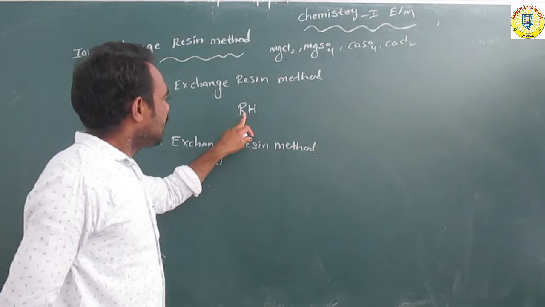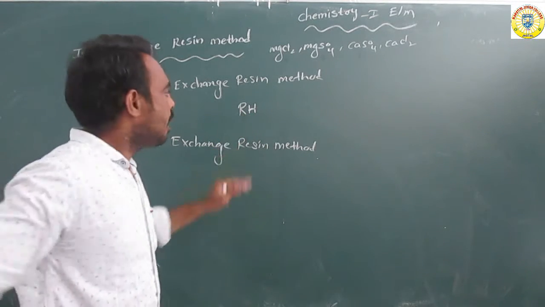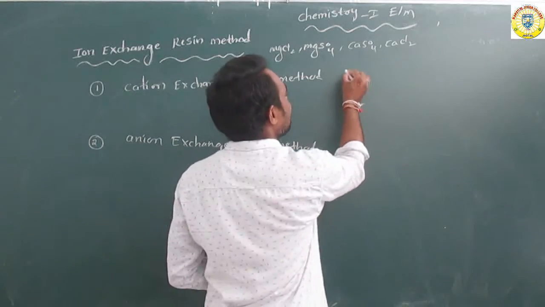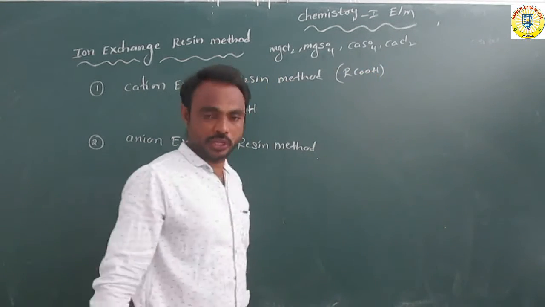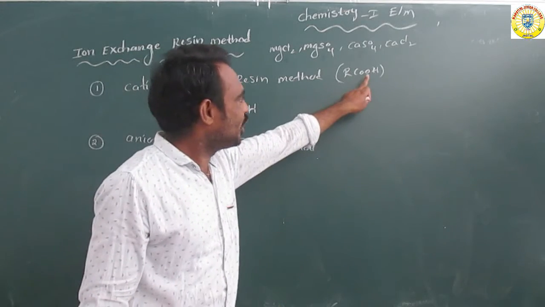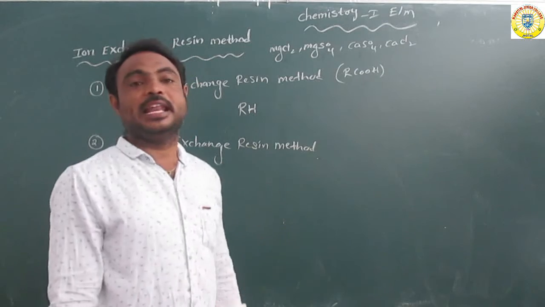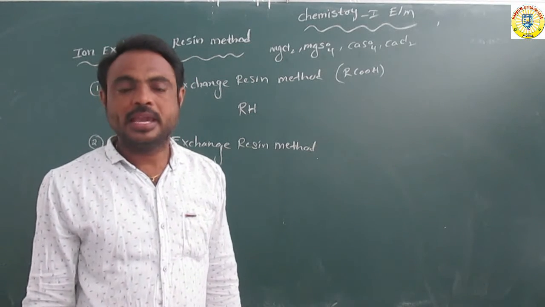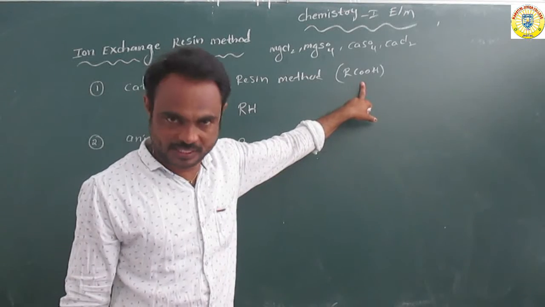Here R is like an alkyl. Or we may also add RCOOH, cationic exchange resin, or acidic nature of resin.